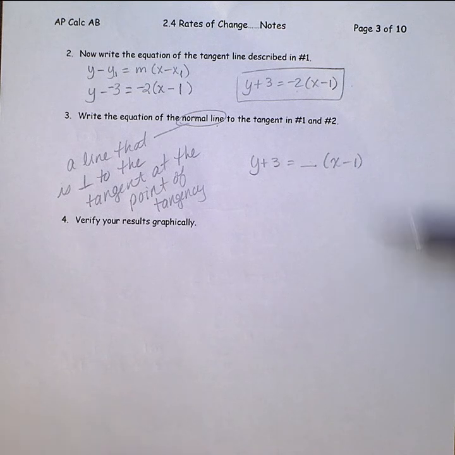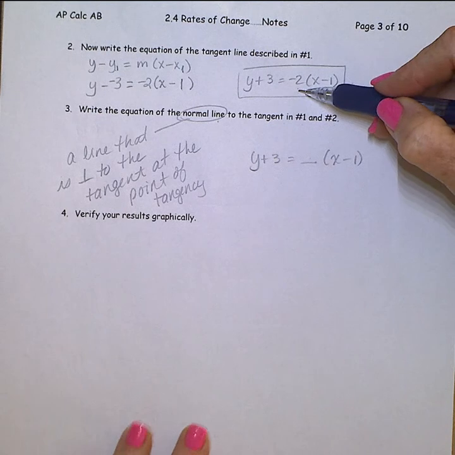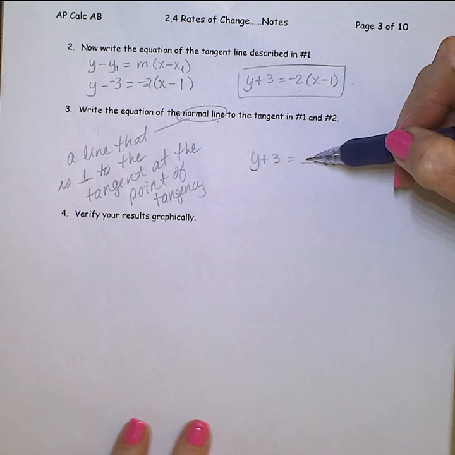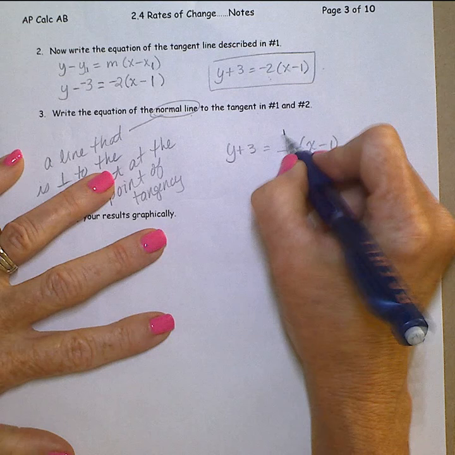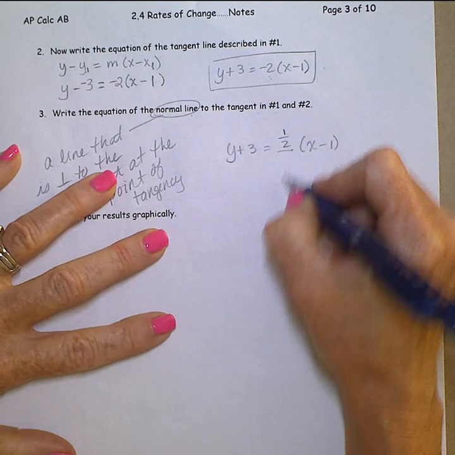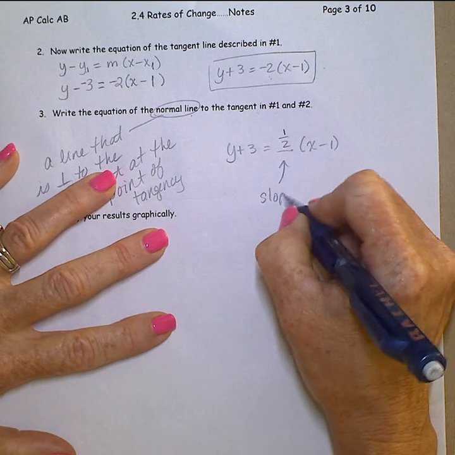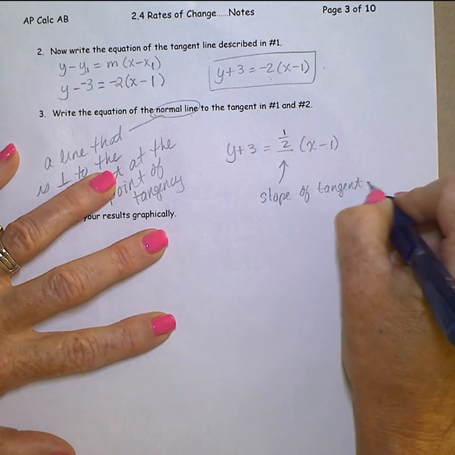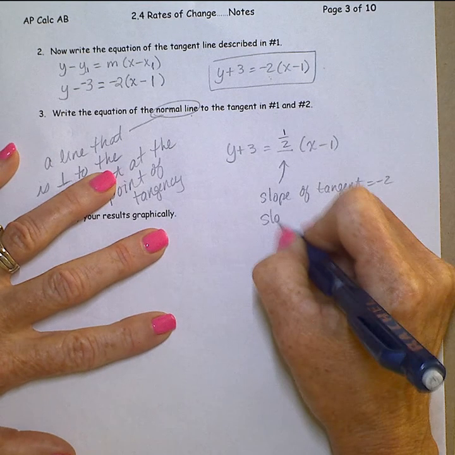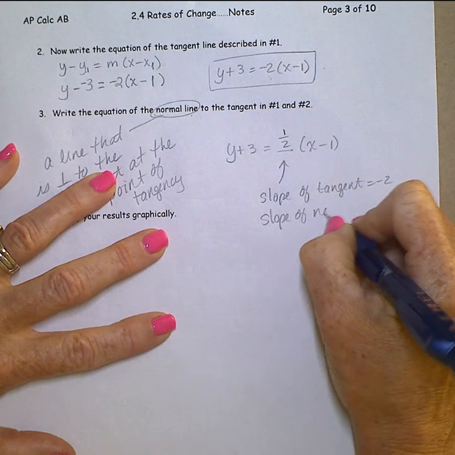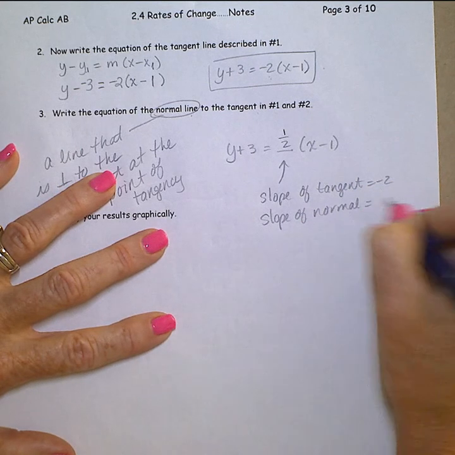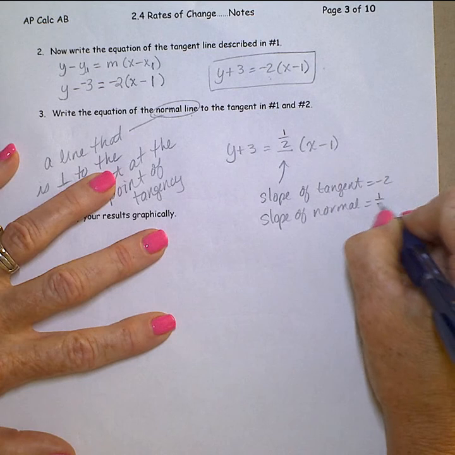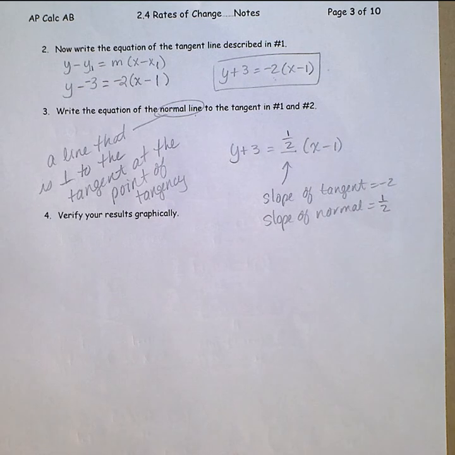So if the slope of the tangent is -2, then the slope of the normal is a half. Okay, so far?